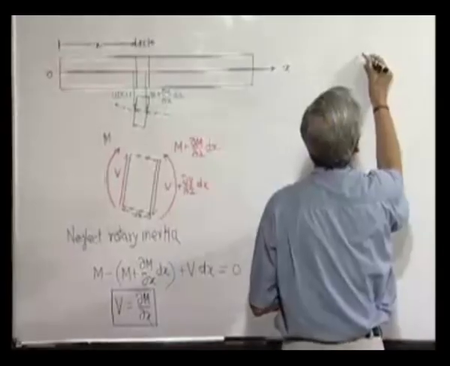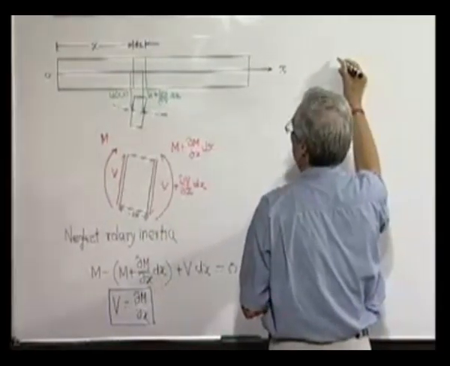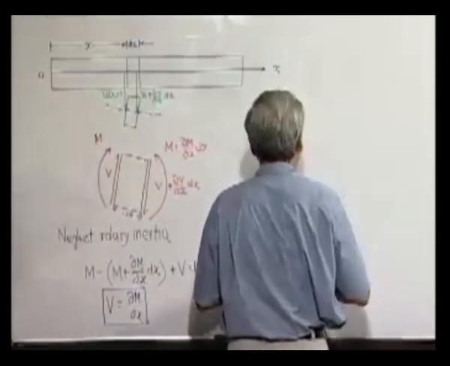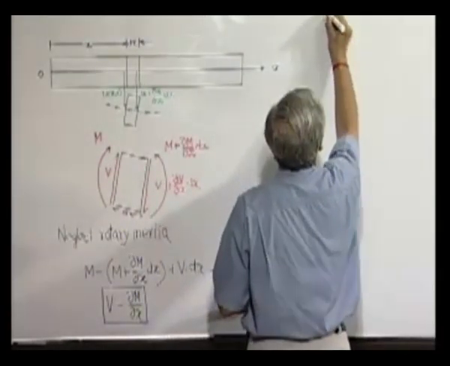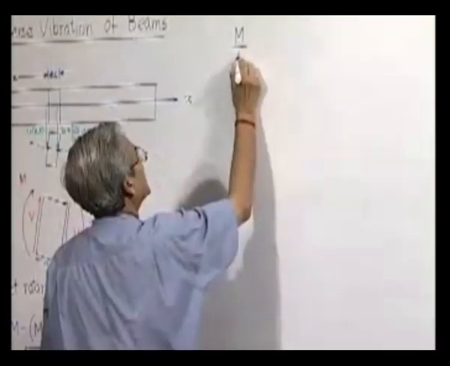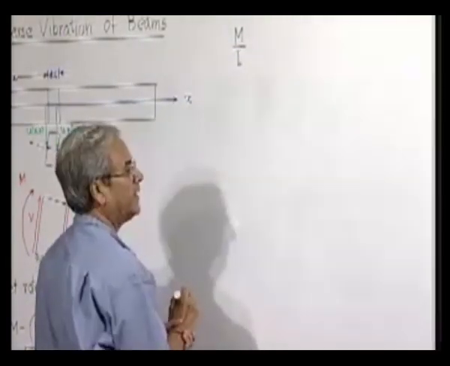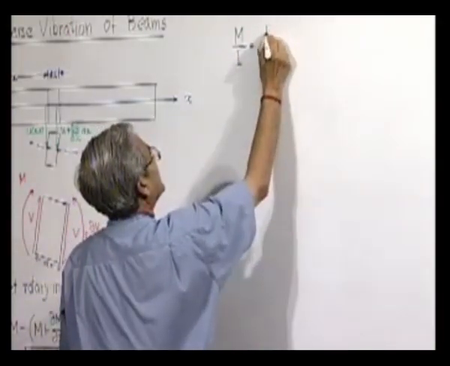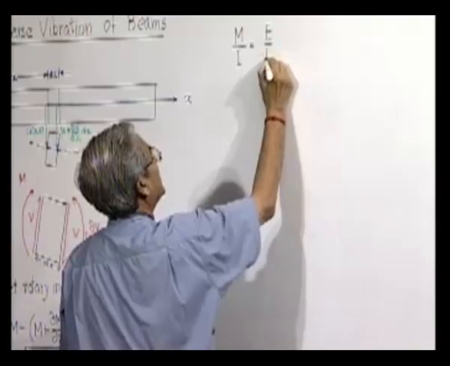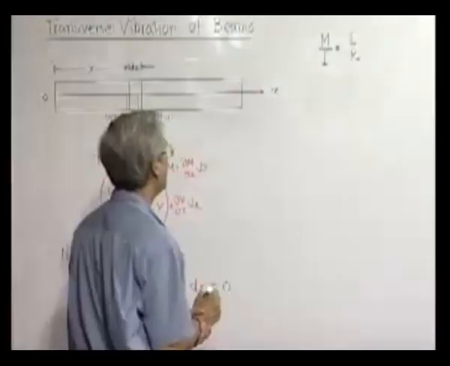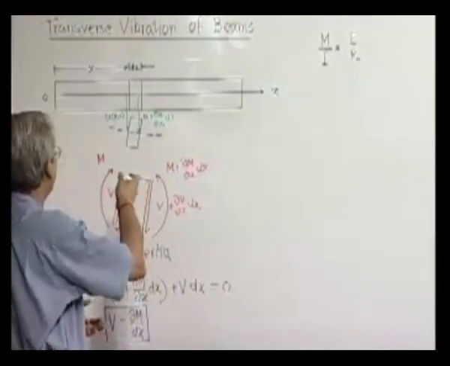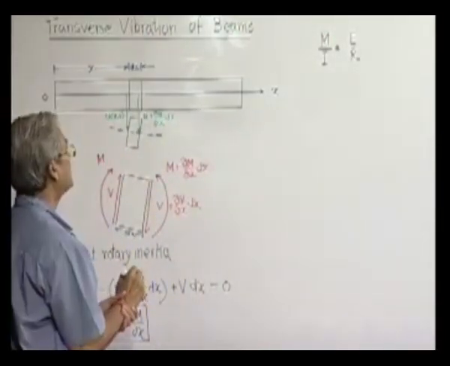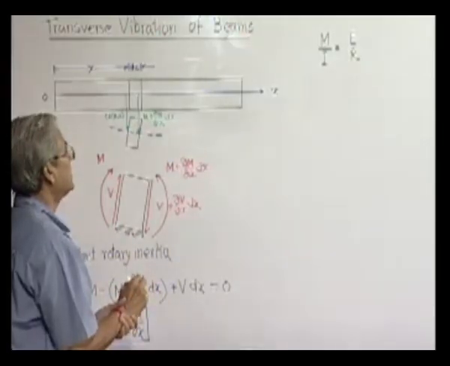So we know that for bending theory, the beam equation says M by I is equal to E by R, where M is the bending moment, I is the second moment of area of the cross section, E is the modulus of elasticity of the beam material, and R is the radius of curvature.